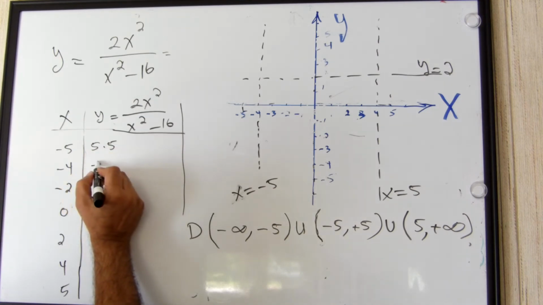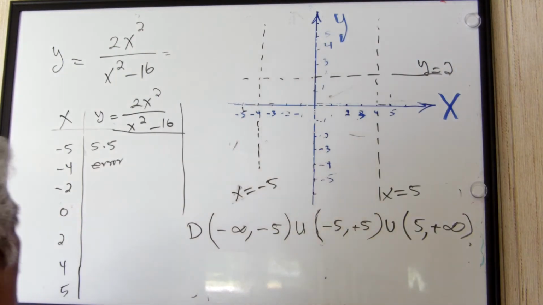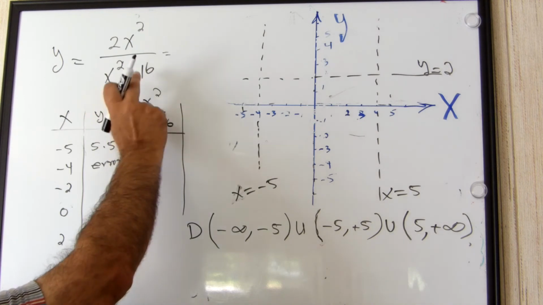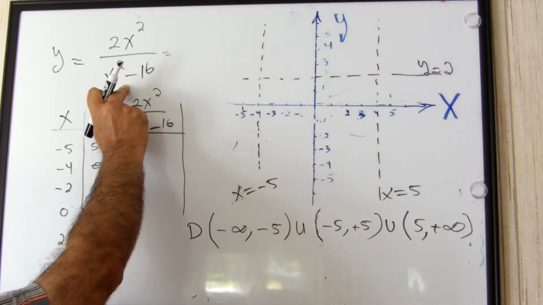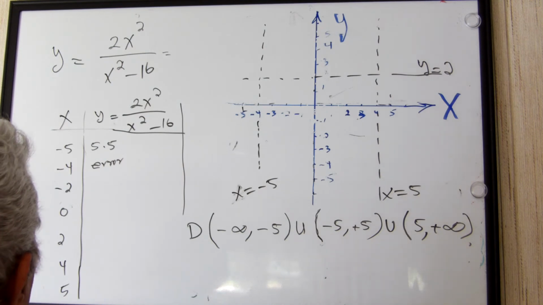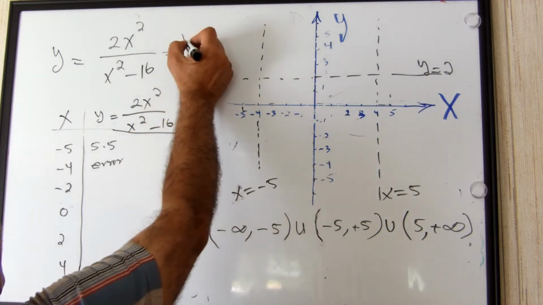Minus 4 is going to be an error, because we can't give a value to minus 4. If you put in minus 4, the denominator is going to be 0, and you don't want 0 at the denominator in this rational function.